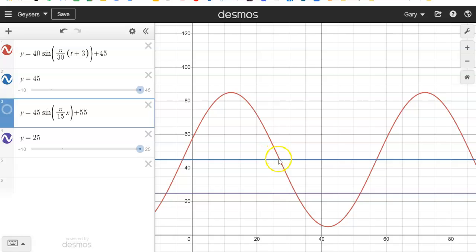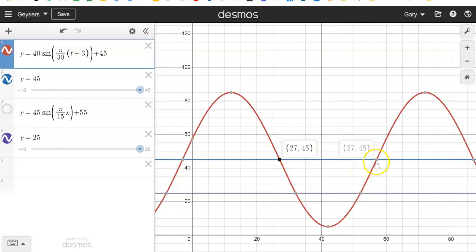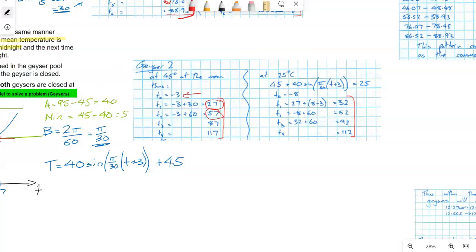And there we go. So you can see it's 27, 57 is when it's at 45, and 32 and 52 is when it's at 25. So that's where 27, 57, and then at 25 I'm solving when that equation equals 25.